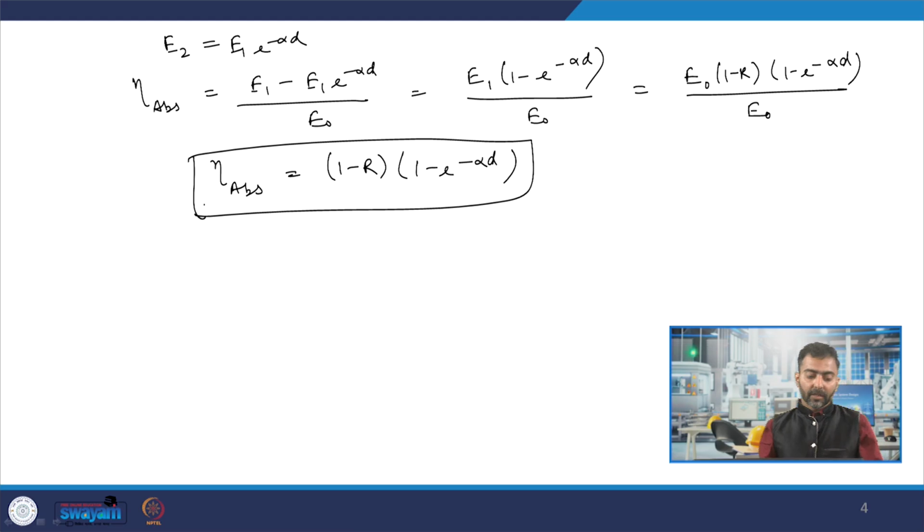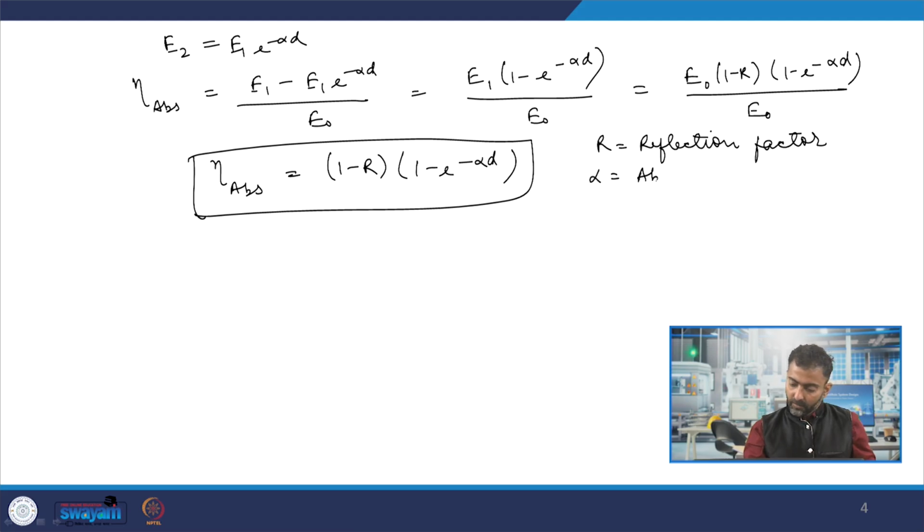So, that is my absorption efficiency, where we understand that R is the reflection factor, alpha is the absorption coefficient, and d is the depth of the solar cell.